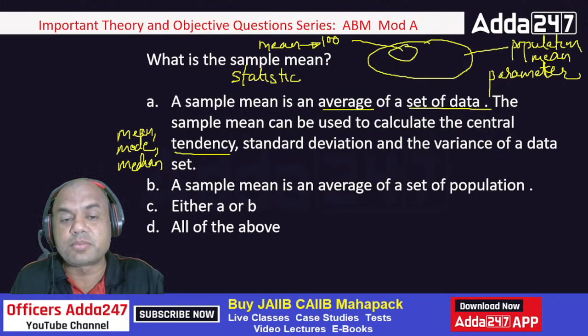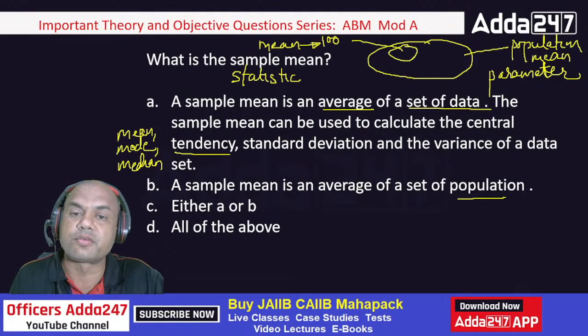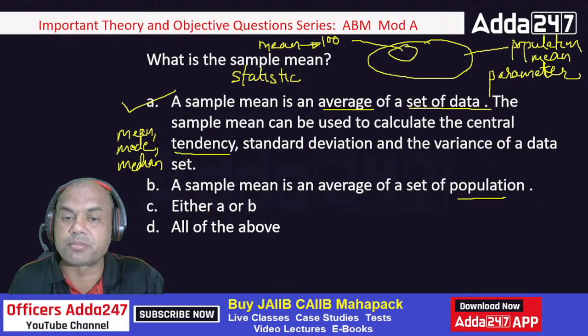Or is it B, the sample mean is an average of a set of population? Is it for the population or for the data? It is for the data. The answer is A. C and D are out.